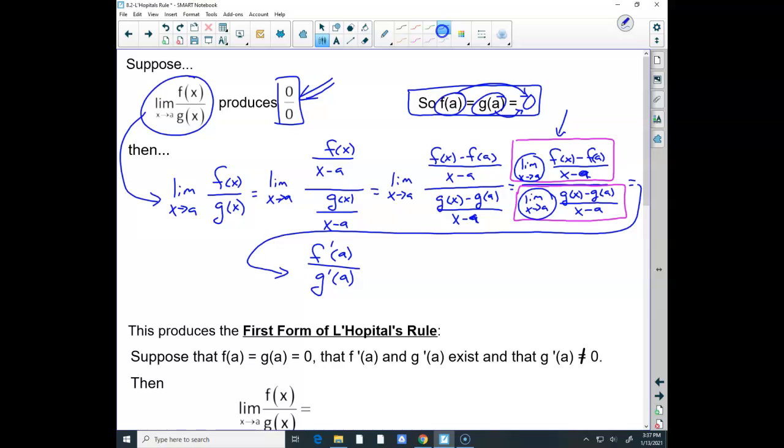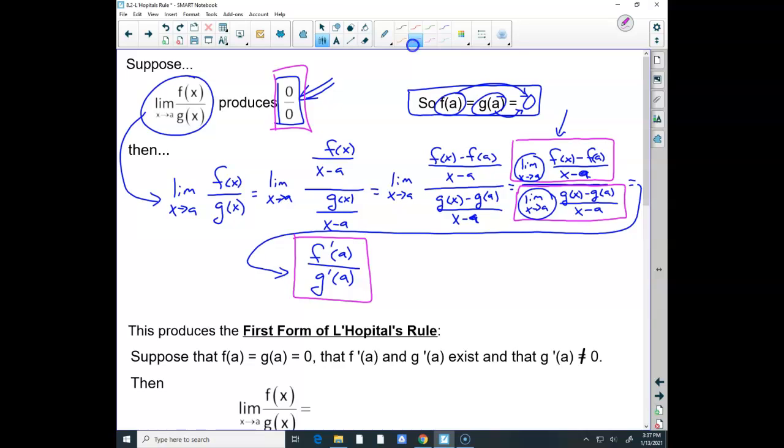Okay, so what is the big thing here? This is huge news, people. It's the derivative. That means if I take the limit as x approaches a of f of x over g of x, and it produces an indeterminate form of 0 over 0, that's the exact same as saying f prime of a over g prime of a.